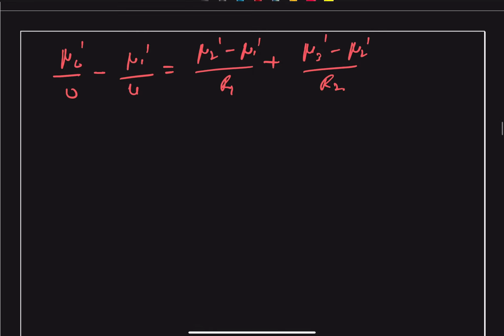Now everything is going to shift, so our mu1 prime will be the refractive index of water, which is 4/3, and mu3 prime will be glass, with a refractive index of 3/2, and our mu2 prime will be air, with a refractive index of 1.